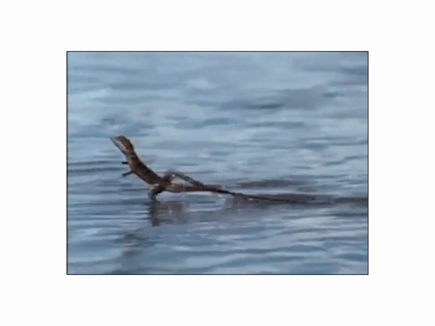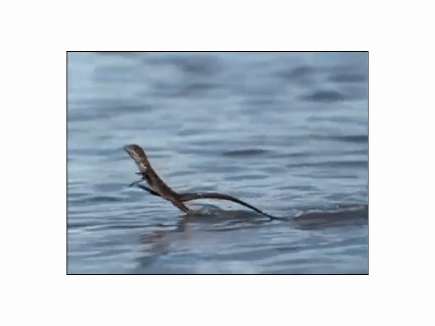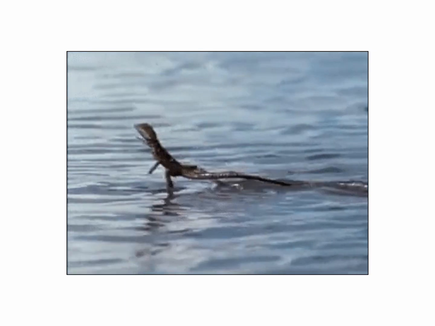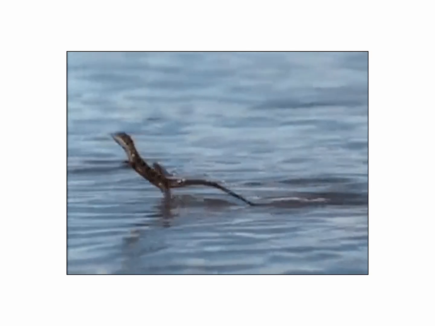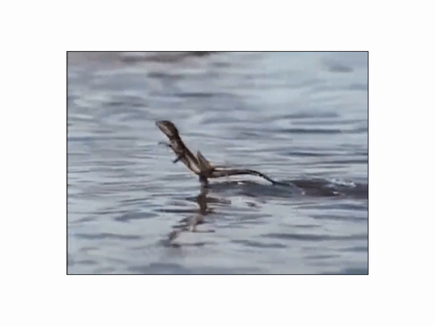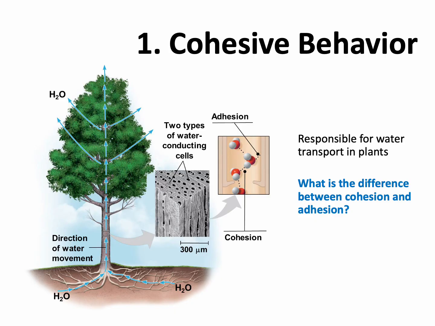It's able to do this on water and water alone. If it tried to run across, say, a vat of alcohol or something like that, it would not be able to do this. It is only water that can sustain a lizard running across its surface. So this is a product of cohesive behavior, again, because of these hydrogen bonds.